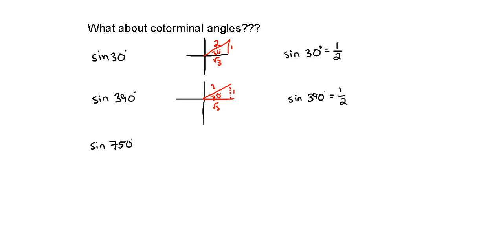Alright, the next one that we do is the same triangle. This time, instead of going 1 time around for 360 and 30 more, you go 2 times around, but this number is still 30 in that little corner.